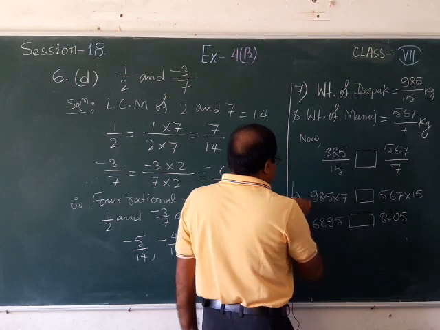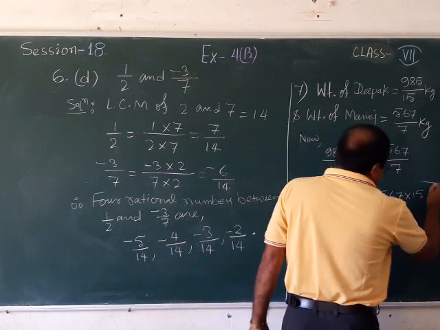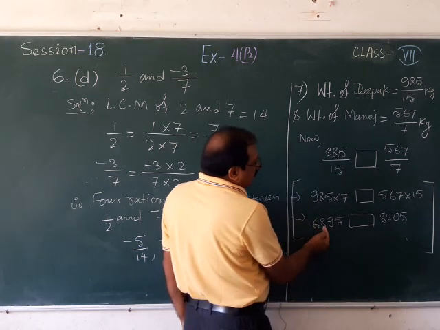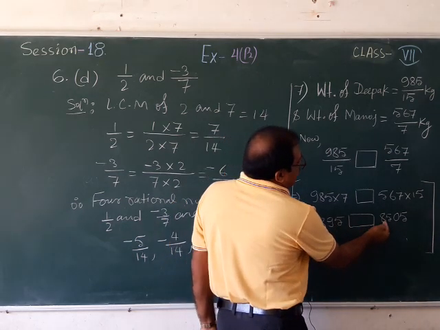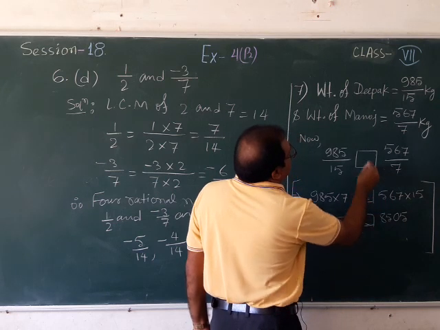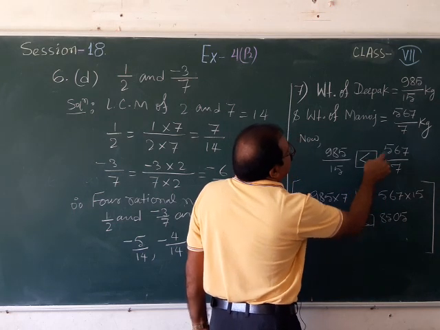This is the rough work that I am doing. Now you can see it is 6895 and 8505. That means this is bigger. Then it is clear which number is bigger.